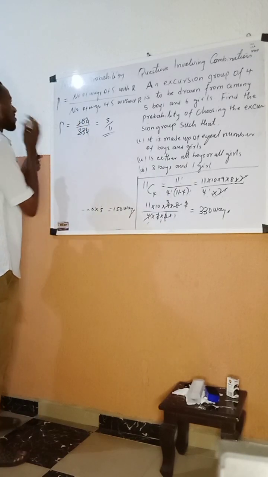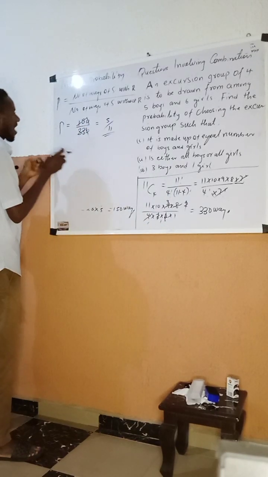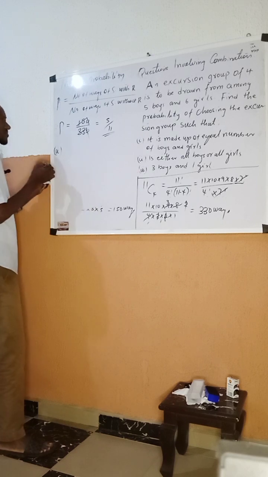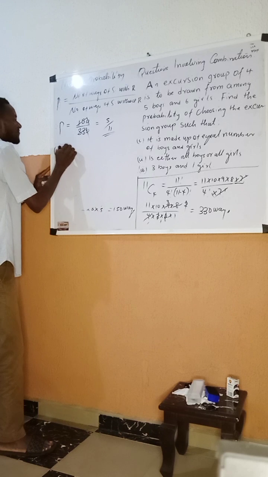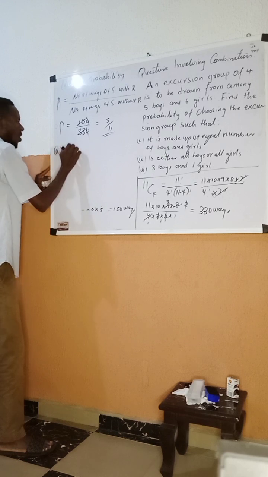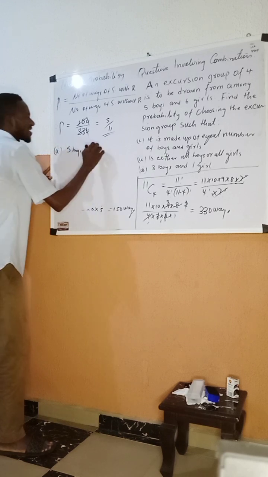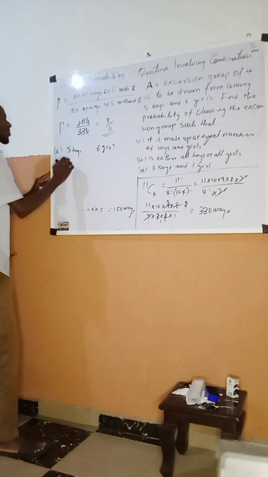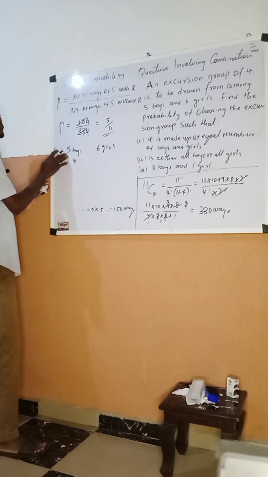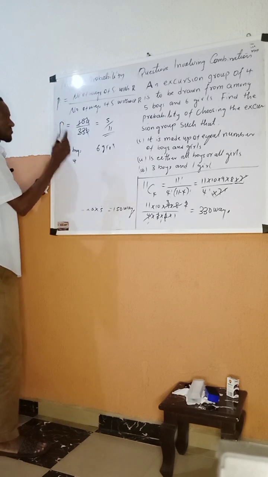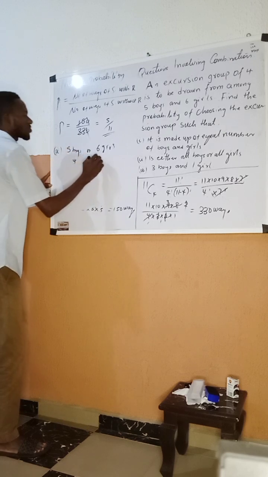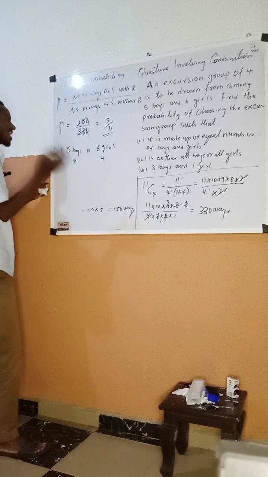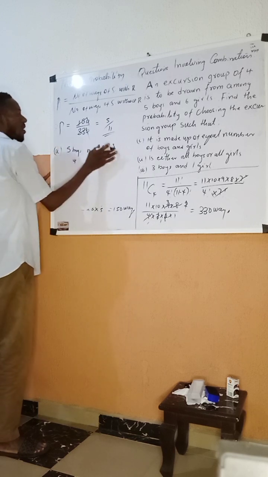So here we have 5 boys and 6 girls. We either select 4 from the boys, or we select 4 from the girls, and they go for the excursion. That is all boys or all girls.